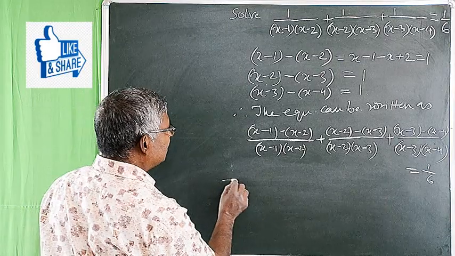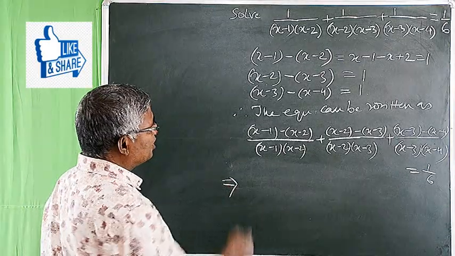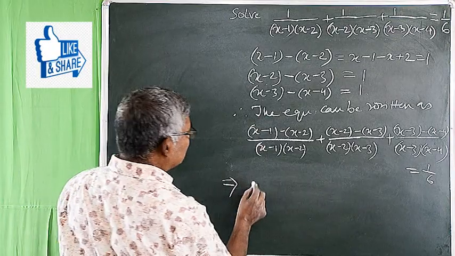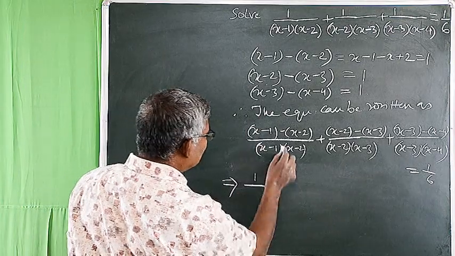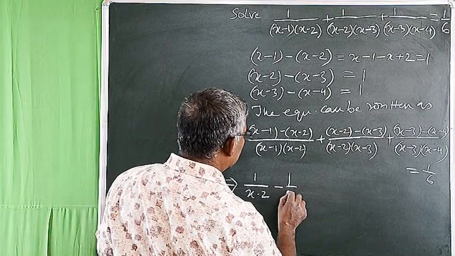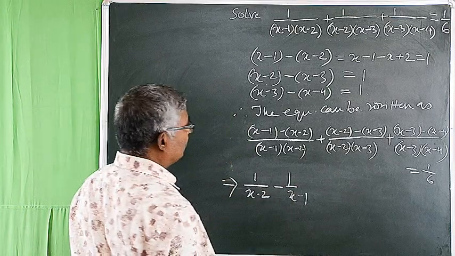This implies that let us divide each term. So it can be written as 1/(x - 2) - 1/(x - 1).